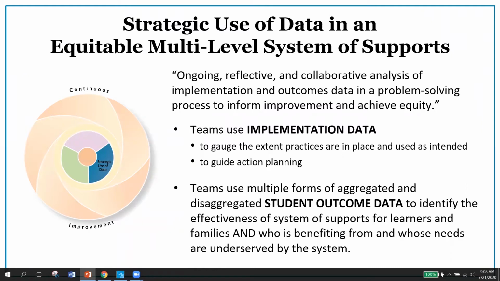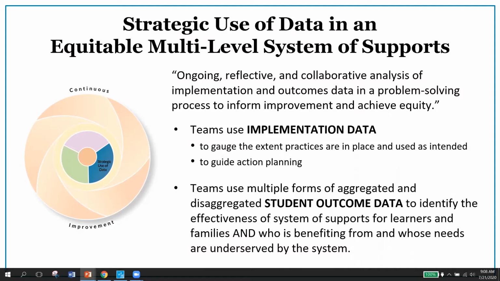Strategic use of data is defined as an ongoing, reflective, and collaborative analysis of implementation and outcomes data in a problem-solving process to inform improvement and achieve equity. Some of the defining elements of this key feature say that teams use implementation data to gauge the extent practices are in place and used as intended and guide action planning.